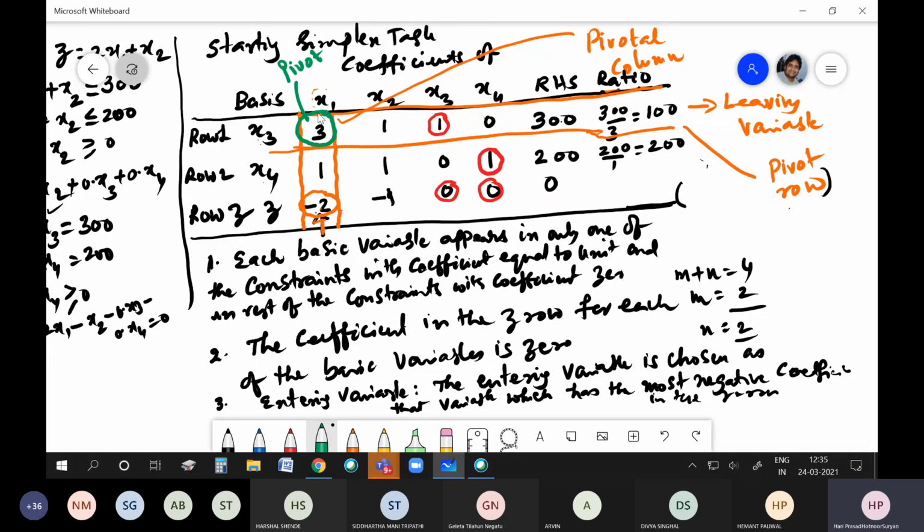In the pivotal column we see the strictly positive coefficients and take the ratio, and whichever has the least ratio will leave the basis. Here X3 will leave. So now we have to form the next simplex table. This is the first iteration or the starting solution. Now we go to the second iteration, the second simplex table.